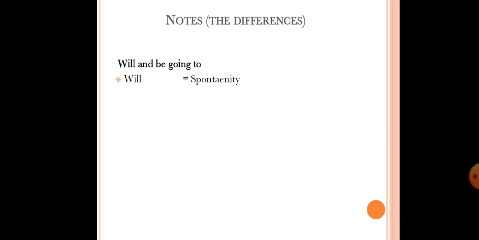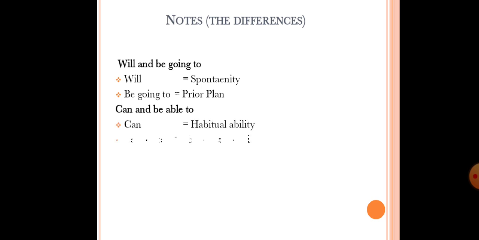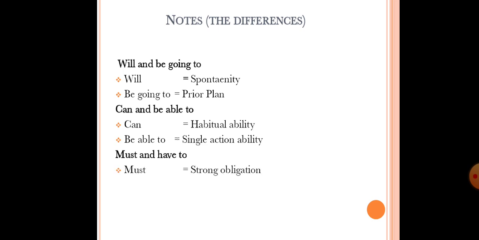This is not the differences. Some differences of modals. Exactly, there is will and be going to, can and be able to, must and have to.